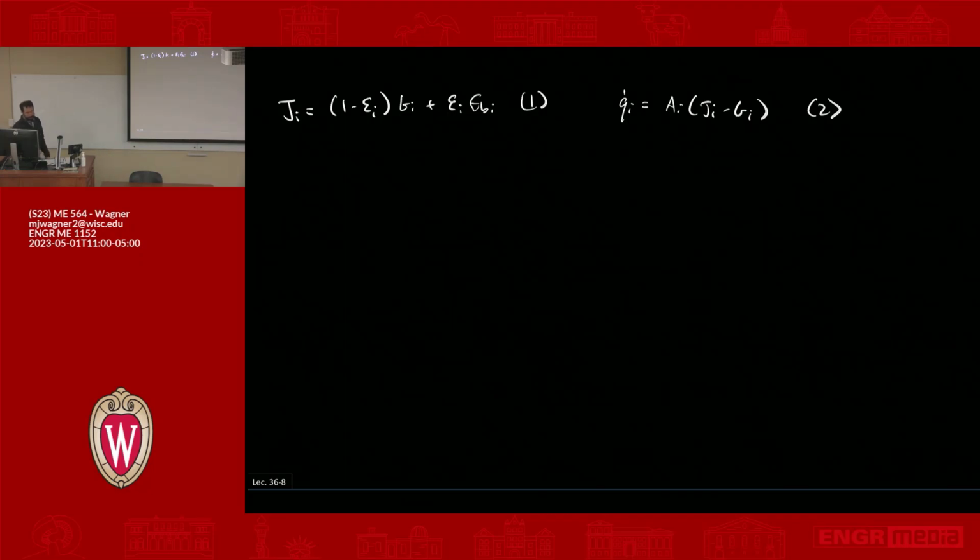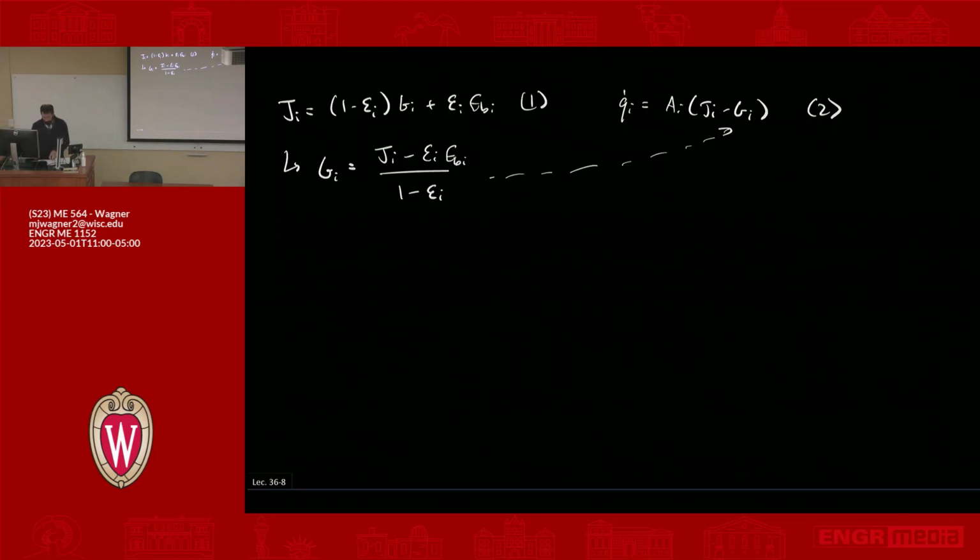So I can take equation 1 and solve for GI. That gives GI equal to JI minus epsilon I EBI, divided by 1 minus epsilon I. Let's sub that into equation 2, where GI appears.